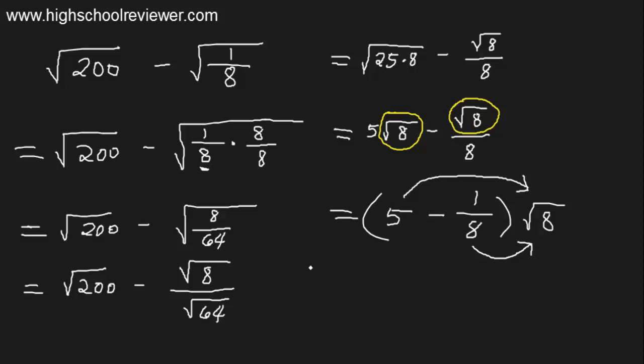Okay, so we have 5 minus 1/8. This will give us 4 and 7/8 square root of 8, or this will give us 8 times 4, that will be 32, and 32 plus 7, that will be 39. So this will be 39 all over 8 times square root of 8. So 39/8 times square root of 8 is our final answer.